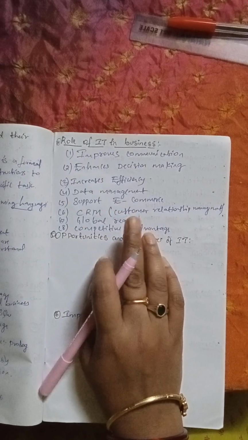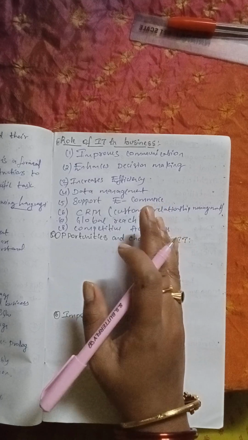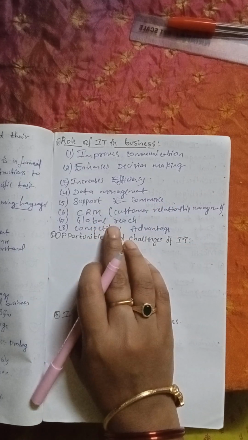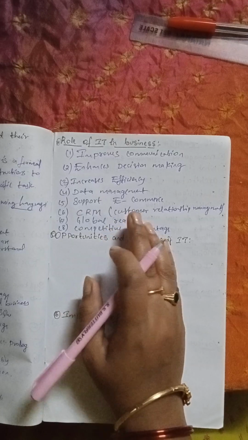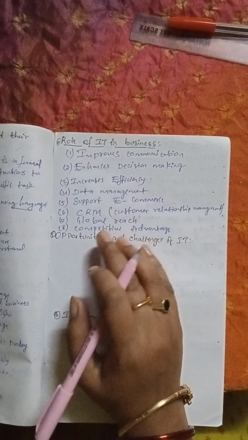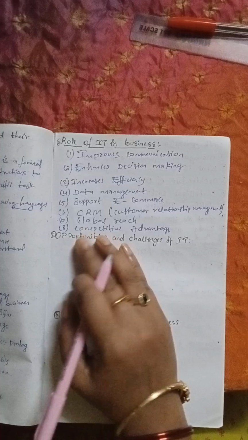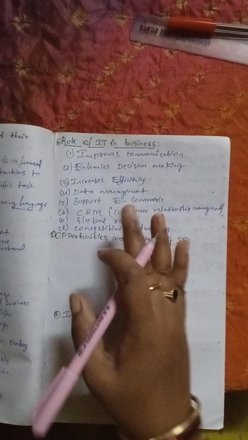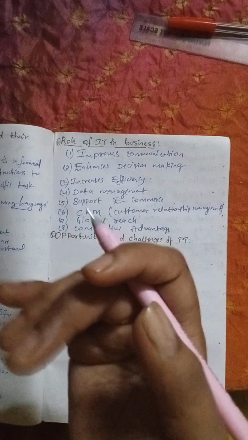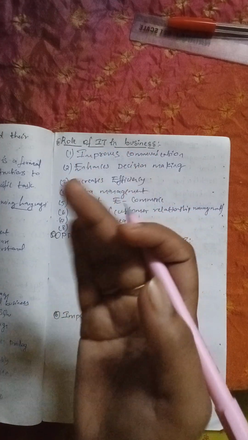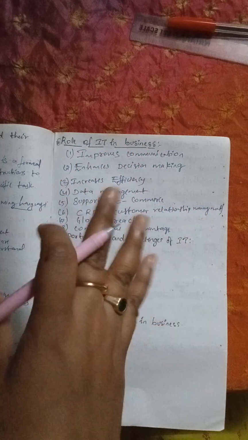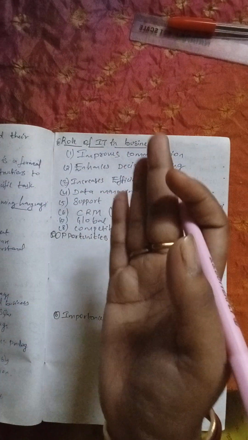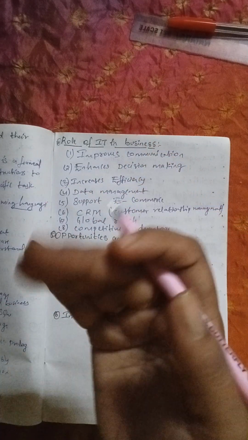And global reach: business can operate internationally using the internet. Okay, and competitive advantage: it helps companies innovate and stay ahead of the competitors. Yes, with the help of IT we will come to know what our opposite competitors are planning, or what they are applying for their business growth, and we can develop new ideas in our own organization, like innovating, new product development, or modifying.